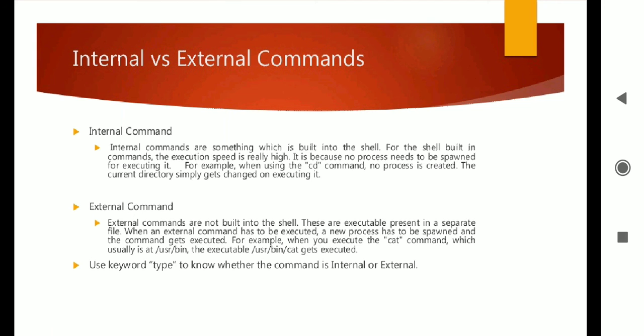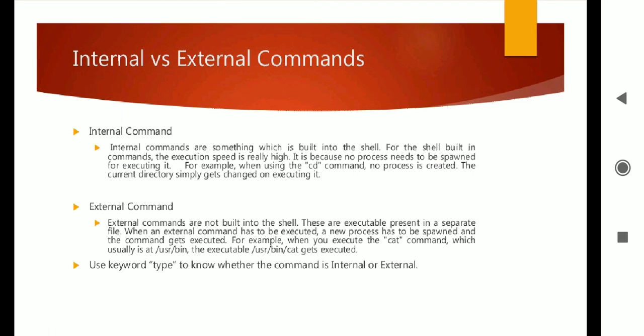But external commands are not built into the shell. These are executables present in a separate file, meaning a separate, independent existence will be there for the external command. In order to work with it, you go to user bin, where the executable for cat gets executed.